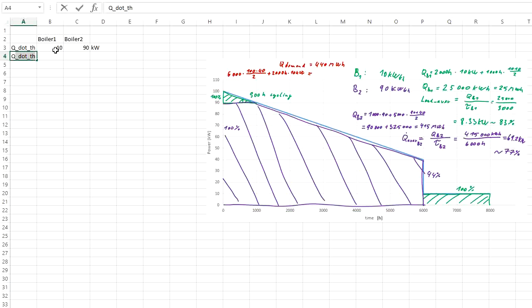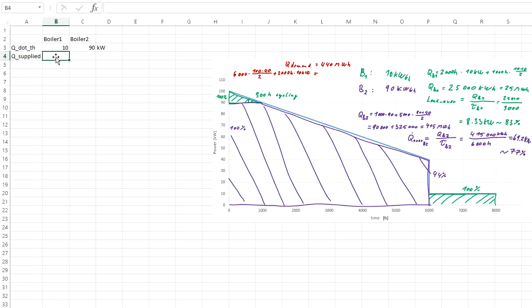Then the provided amount of heat, or supplied amount of heat. For the first boiler it was 25 megawatt hours, and for the boiler 2 it was 415 megawatt hours.